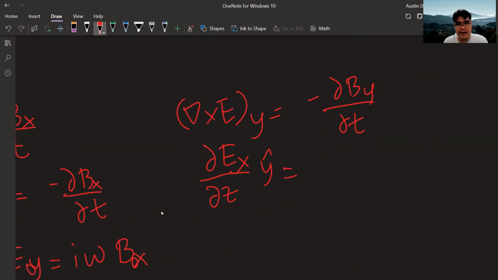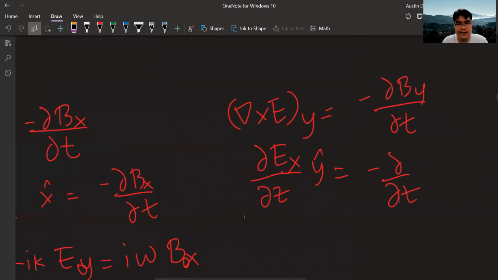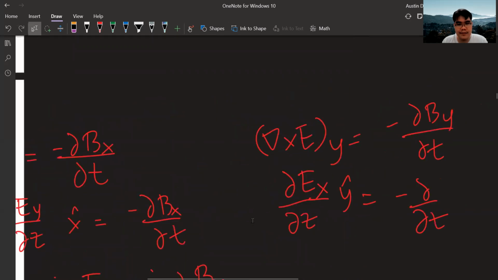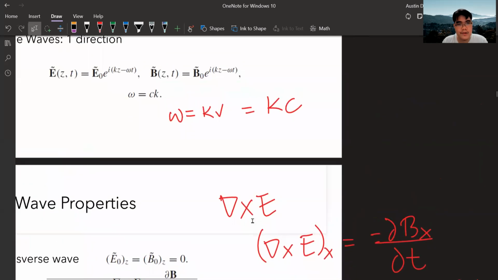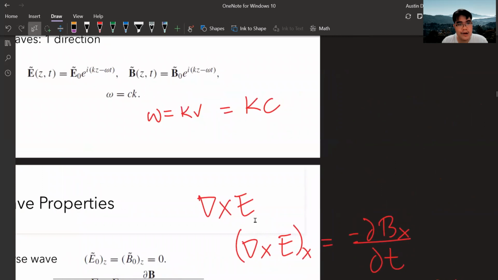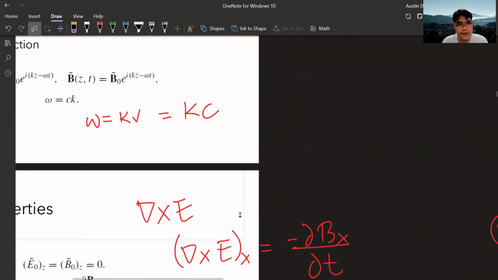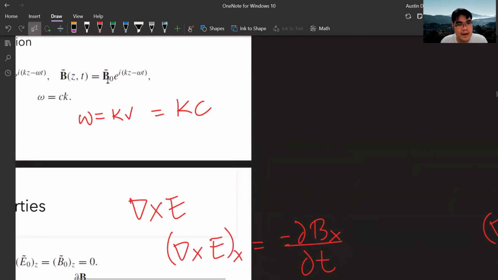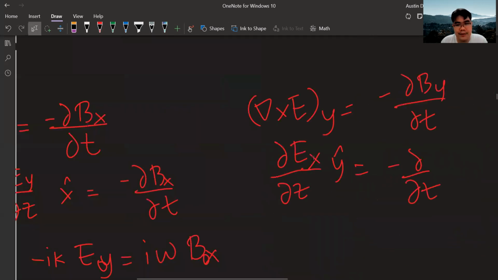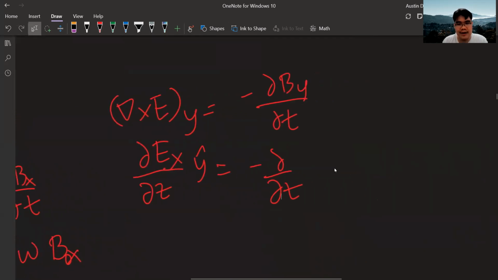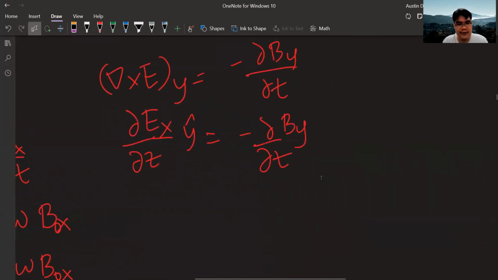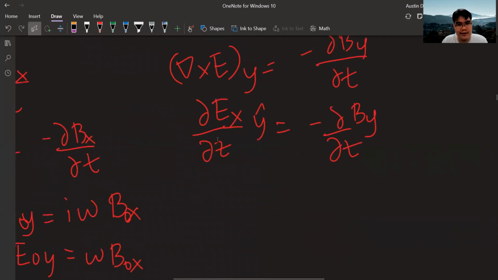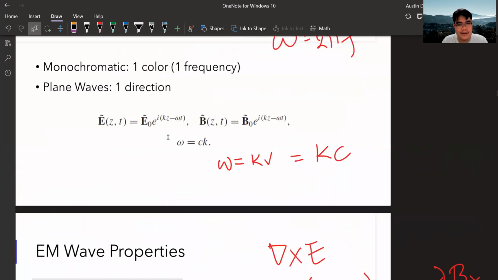And then the right-hand side would be partial t. And then what's By? Sige, lagyan na natin By. Hindi magulo. Okay, so derivative natin yung Ex with respect to z.